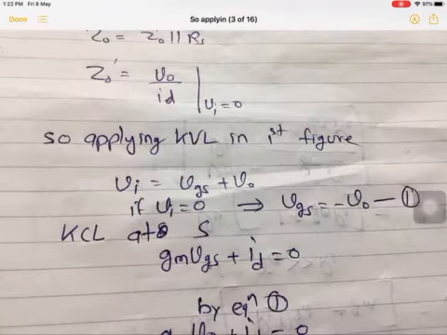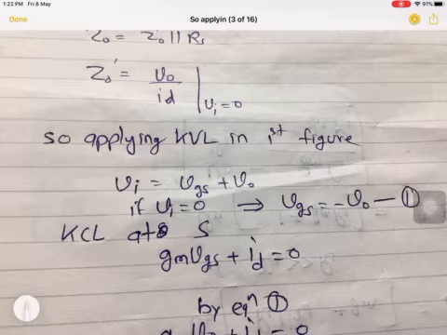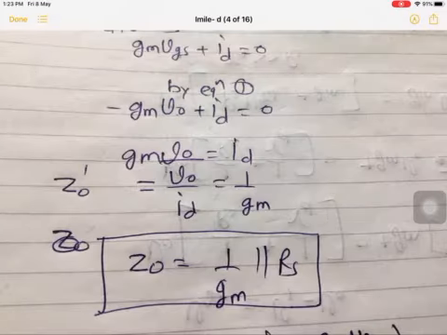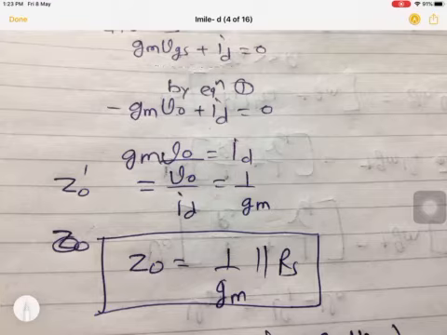Since we know VGS equals minus V0, I replace VGS with minus V0. So minus gm V0 plus ID equals 0, so gm V0 equals ID, and V0 by ID is 1 by gm. If Z0 dash is 1 by gm, what will be Z0? 1 by gm in parallel with RS. So this is the output impedance of the common drain amplifier.